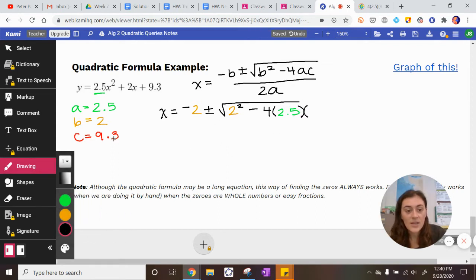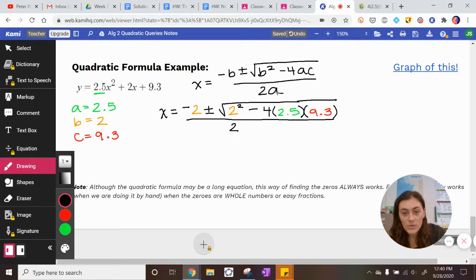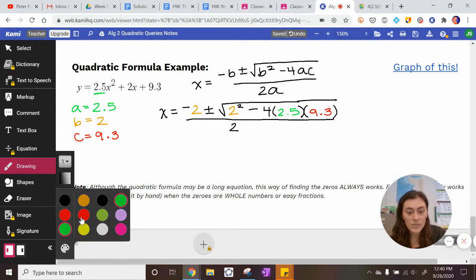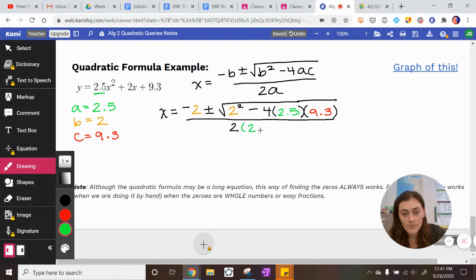Times c. Our c is 9.3. I'm just going to extend my square root a little so it covers everything. And then this whole thing is all over 2 times our a, which is 2.5. And so from here, it's just a simple matter of simplifying this.